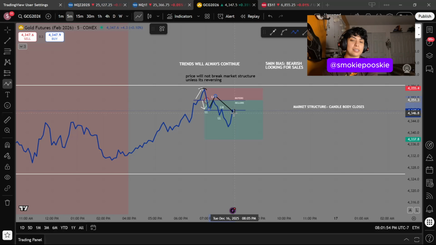But just because it sounds simpler doesn't mean that it doesn't work, or that you don't know what you're talking about, or you don't know what price is doing. Because at the end of the day, ICC is you're trading market structure.